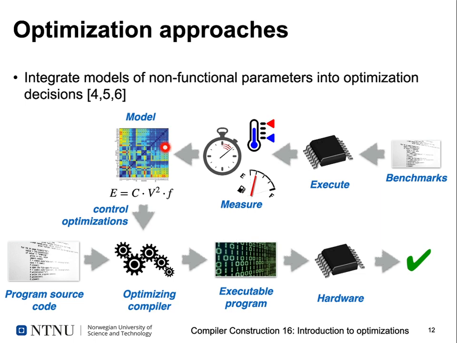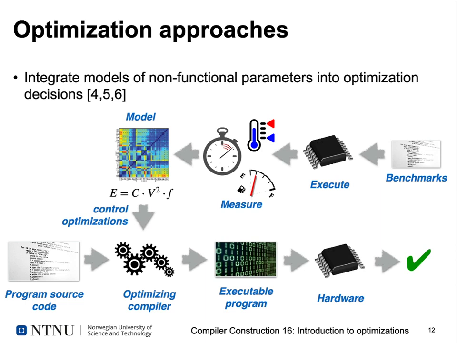For example, this would be an energy consumption model for different parameters, for example, of a multiplication instruction. So one parameter on the left-hand side, one on the right-hand side. And your model then just shows you, for example, how much energy this instruction given two parameters would use. So blue would indicate a low amount of energy, where red would indicate a high amount of energy. And then you can actually control optimizations, single optimizations that apply, for example, to select a different instruction.